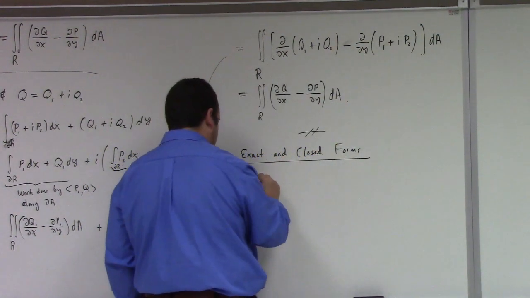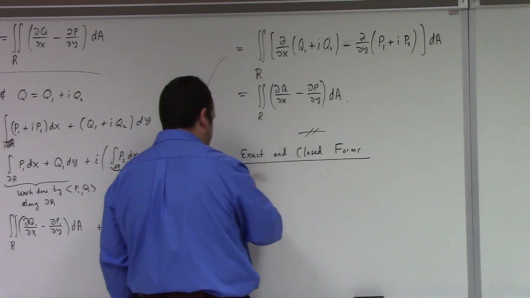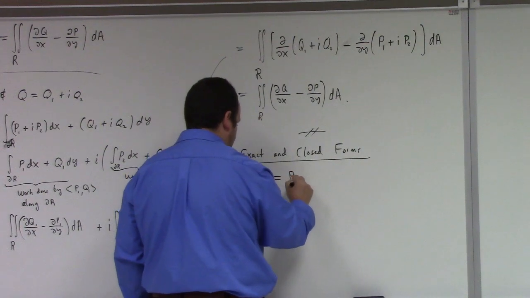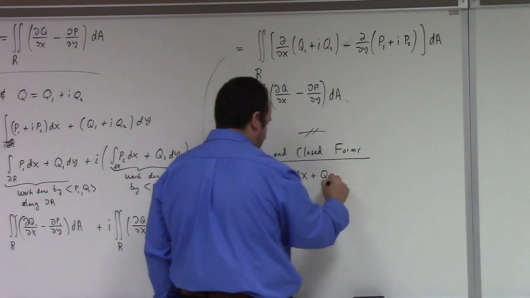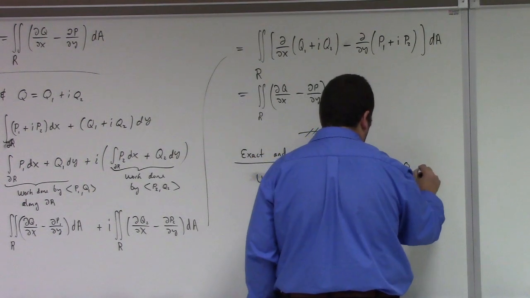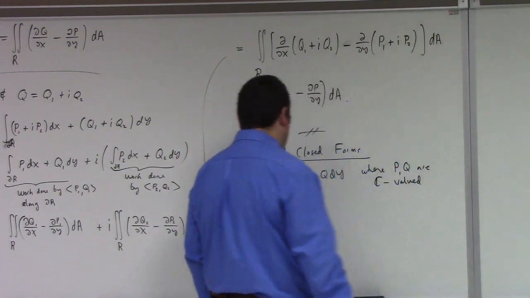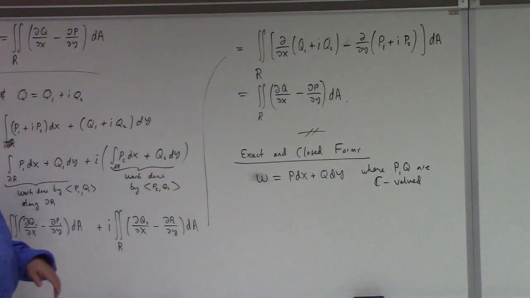So first of all, just terminology. We say omega equal to p dx plus q dy, where p and q are complex valued, is a differential one form, all right?